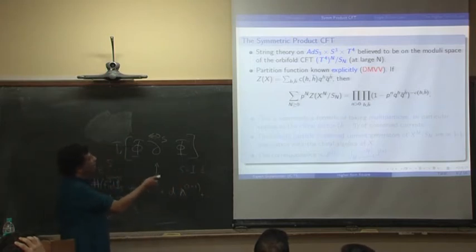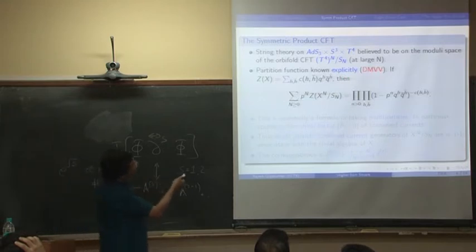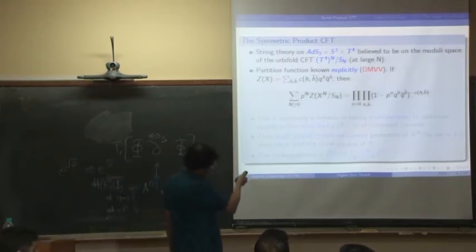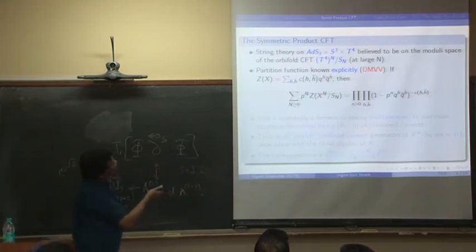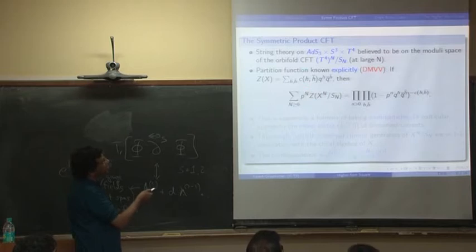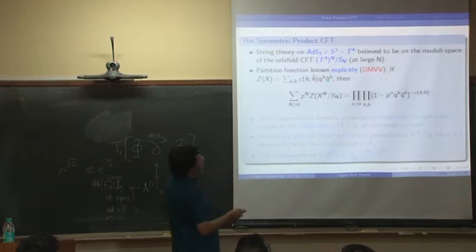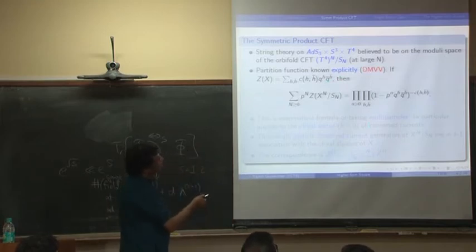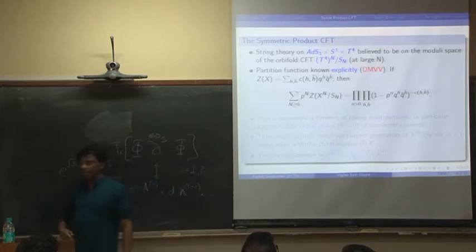This is true for a general X. So supposing I know the partition function on X, then the generating function of the partition function on the symmetric products is given in a very simple form in terms of these coefficients. So Q is the usual e to the 2 pi i tau, and its complex conjugate. So the generating function is just given in this very nice product form, which exponentiates these coefficients.